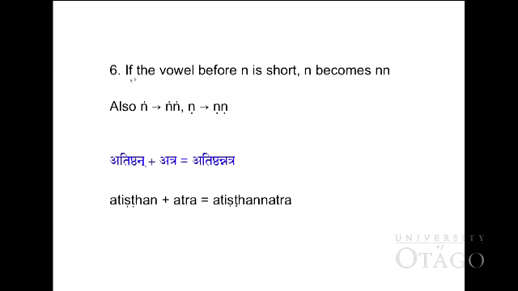Now the last one, number 6: if the vowel before n is short, n becomes nn, and also ṅ becomes ṅṅ, such as atiṣṭhan plus atra will be atiṣṭhann atra, double n over here.